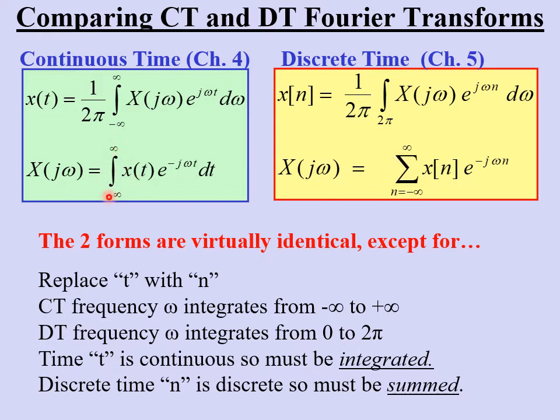So this integral symbol over here is replaced with the summation symbol, the sigma notation here. But once we make these changes, these two results are virtually identical. And so this is the topic for chapter 5. We're going to be using this Fourier transform pair shown here in the yellow box.